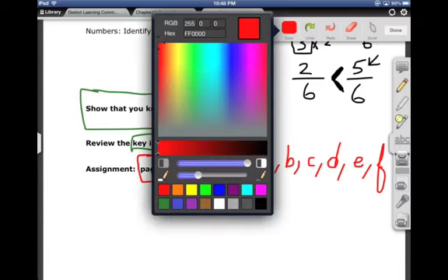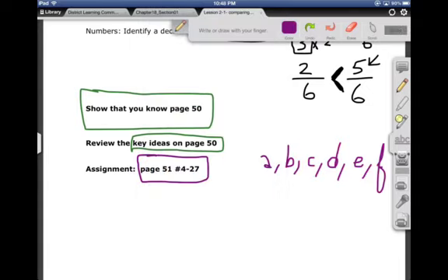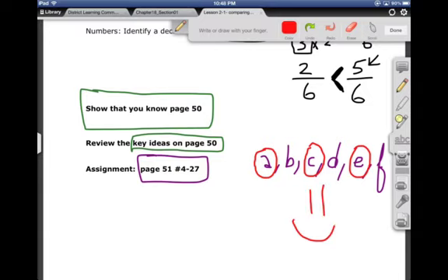And I think you probably figured it out pretty quick. Let me change my color. If it's ACE, then that means, as far as letters, just do these ones. And that's my way of reducing your assignment. Okay? So you have to do numbers 4 to 27, and if there's any lettered items, you can do A, C, and E items. All right.